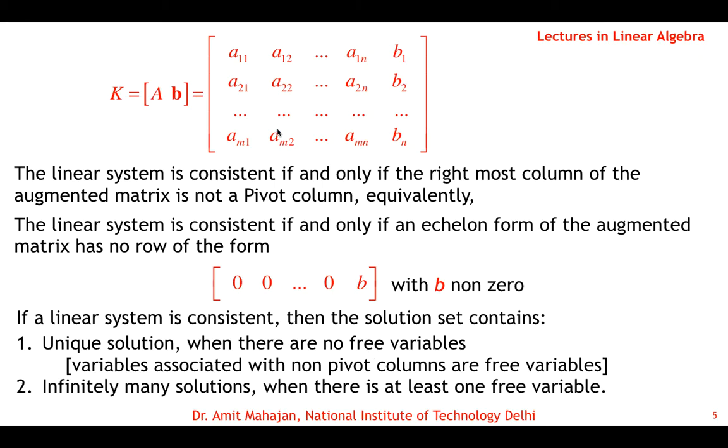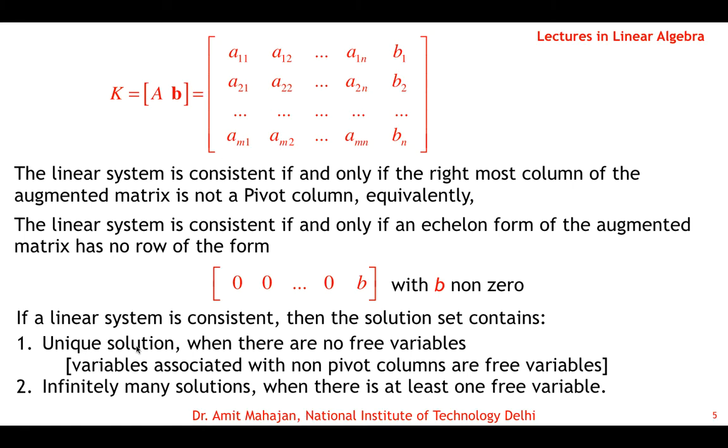These are the coefficients of the variables, and by free variables we mean variables associated with non-pivot columns. So the system will have a unique solution when there are no free variables, that means there is no non-pivot column, that means all the columns are pivot columns, of A. Not on this side; this last side has to be a non-pivot column and all other columns are pivot columns, then there will be a unique solution.